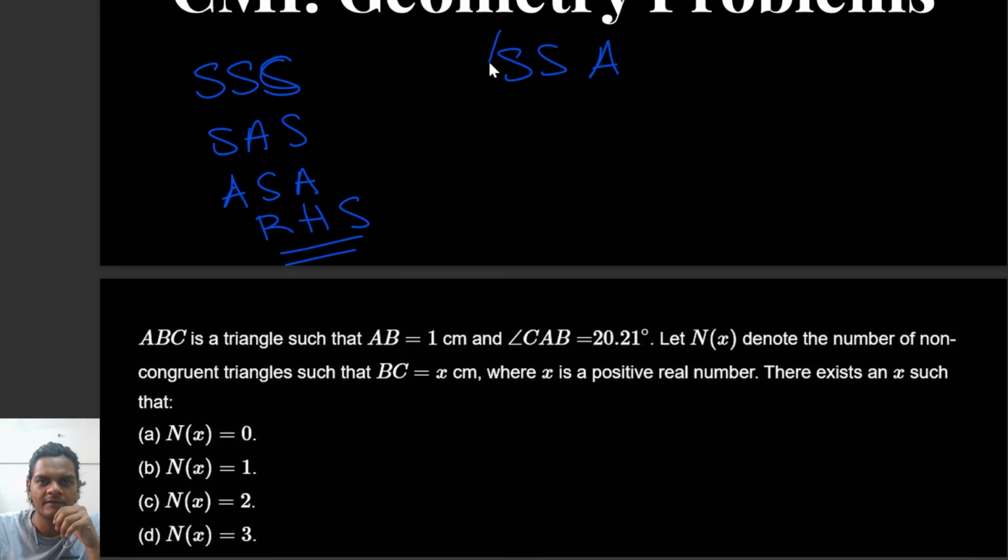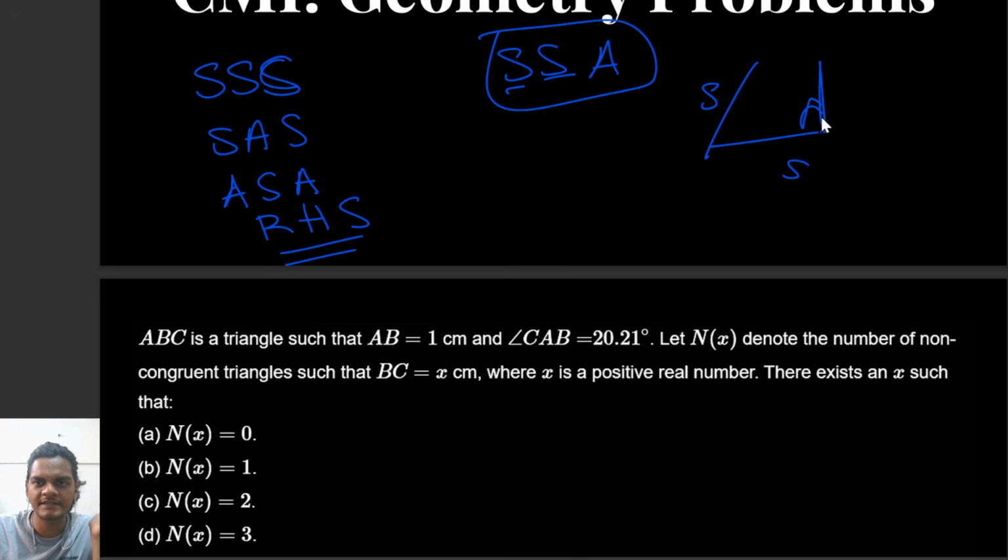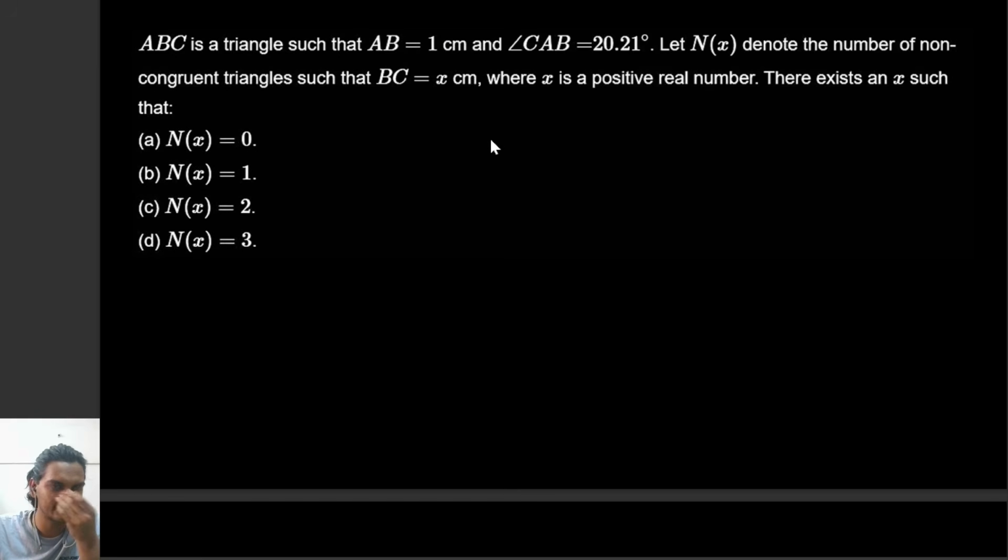I mean, we never take two sides and an angle. This side is given, this side is given, and this angle is given. We don't get it. Why? This question is related to that. And the only case where this works is this. RHS is actually a case of SSA, where the angle specifically is a right angle. So if you look at this question, this is specifically that.